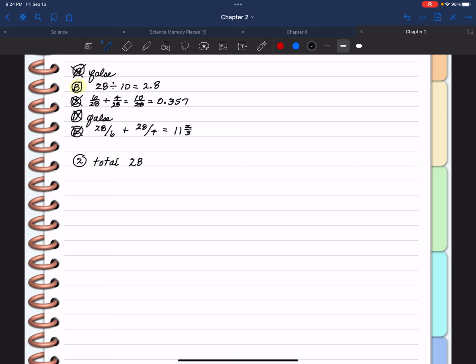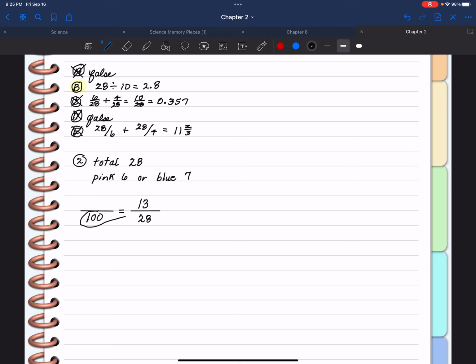If you're setting up a proportion to solve this problem, you can go ahead and put that number in there. That would be the whole number. Pink or blue. Pink was 6, or blue was 7. So 6 plus 7 is 13.